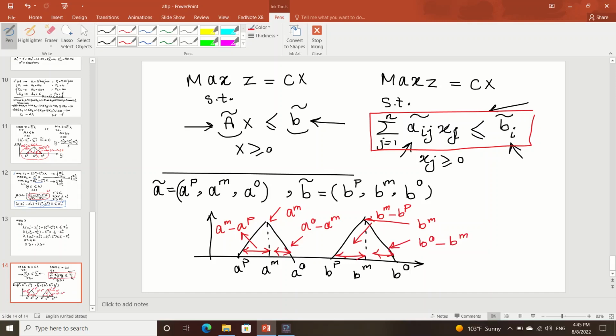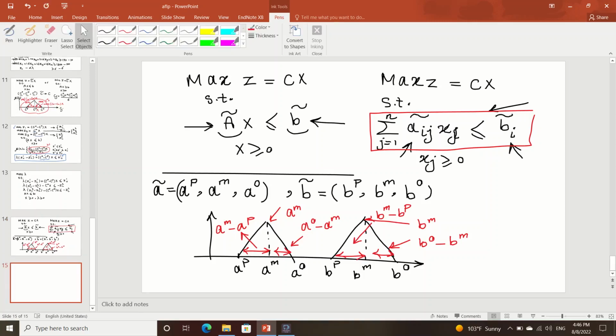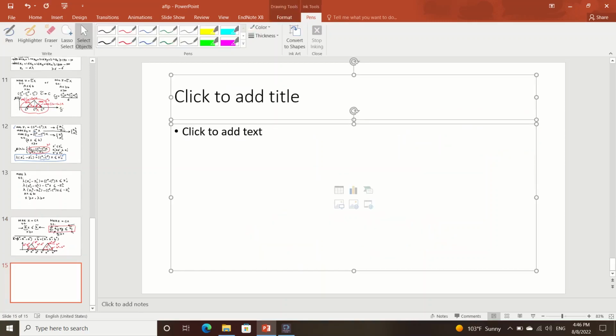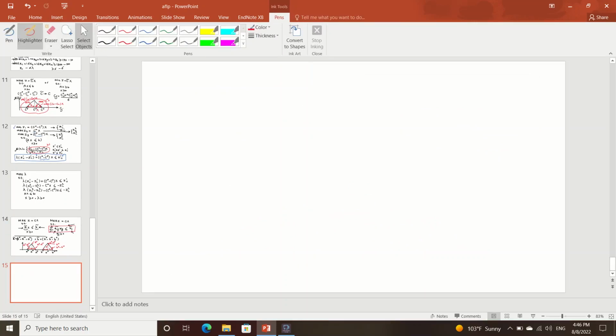So you can separate one constraint into three constraints.